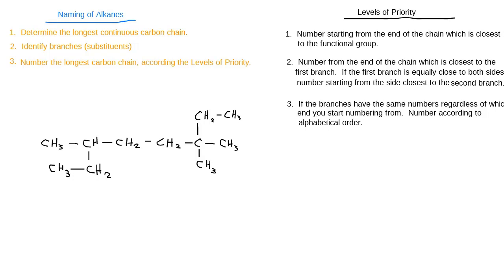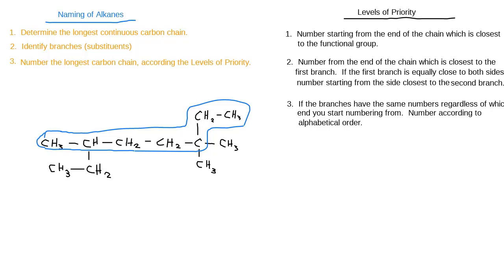I think I'll just underline it a little bit. So for me, this is what I see. One of the ways in which you can check and look for the longest carbon chain is to look for any intersectional carbons.